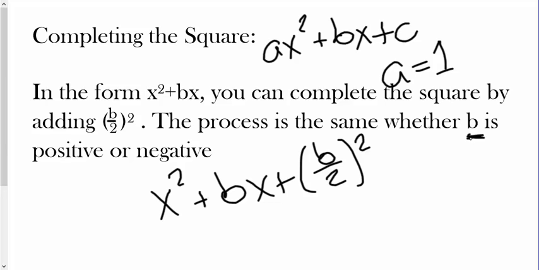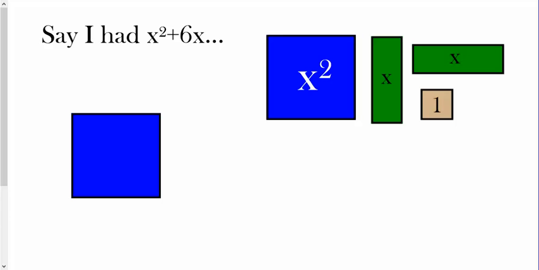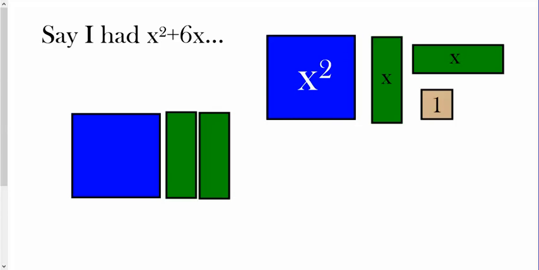So let's look at what this means from a model standpoint. Say I have x squared plus 6x. The blue is going to represent our x squared, and the green bars represent our x's. I'm going to try to make an actual square, so I have to move over all of these green bars: 1, 2, 3.